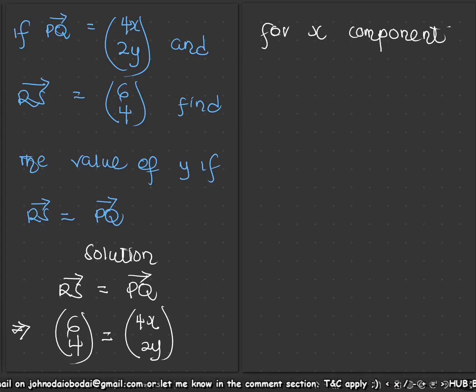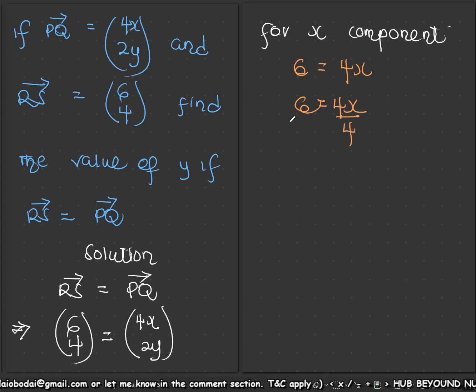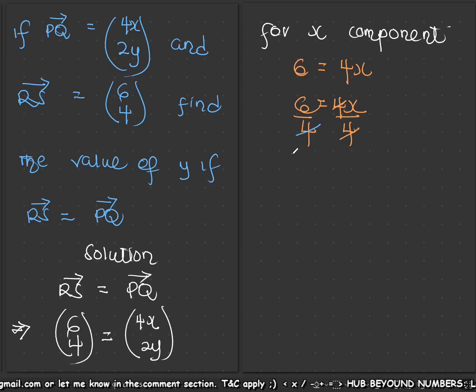You see, so with that said, for the x component, we know we have 6. So 6 is equal to 4x. And now you'd have to make x the subject. And how do we do that? We divide both sides by 4. And with that, this 4 here takes out this 4, and we are left with x. 2 divides 4 twice, and it divides 6 thrice.